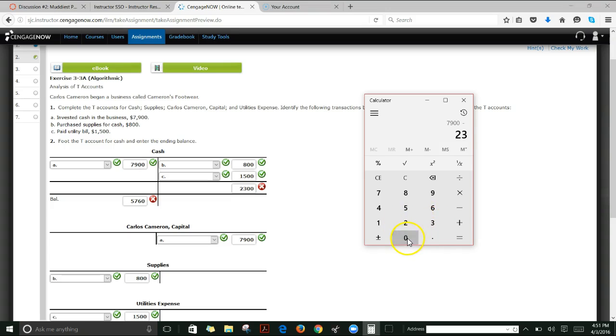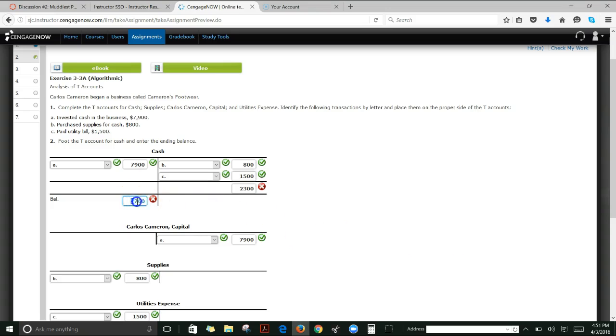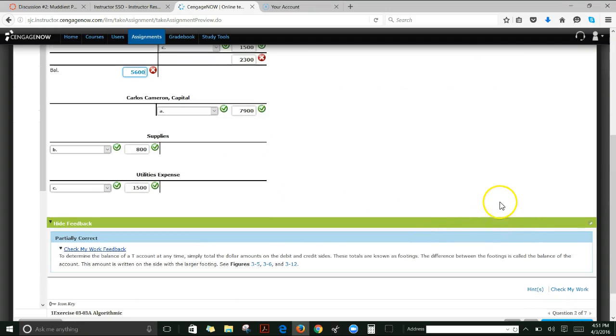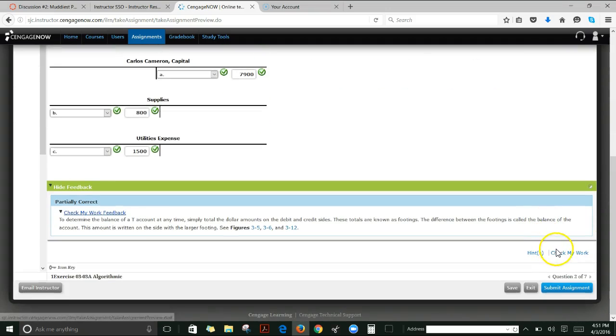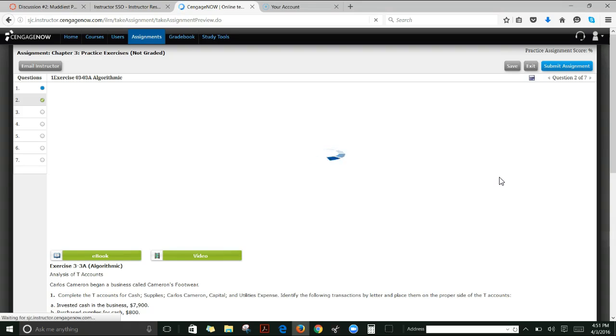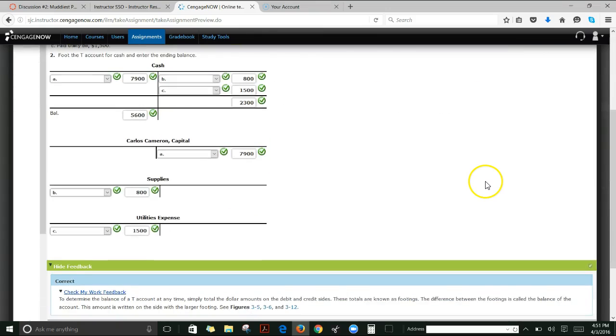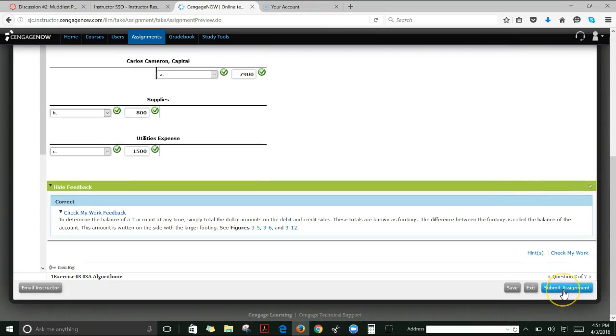What I did was I had something in my calculator apparently that didn't get cleared out. So it's 5,600. And check it again. And there you go. Then you would be able to submit your assignment.